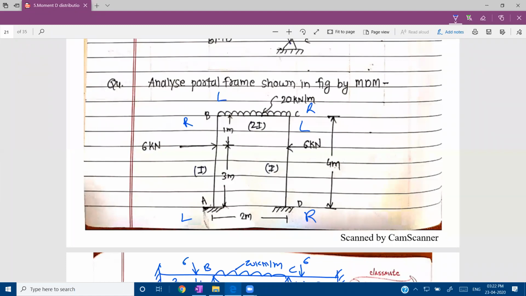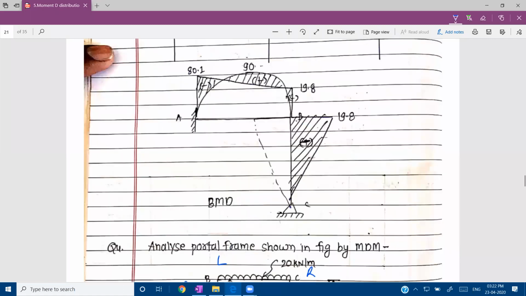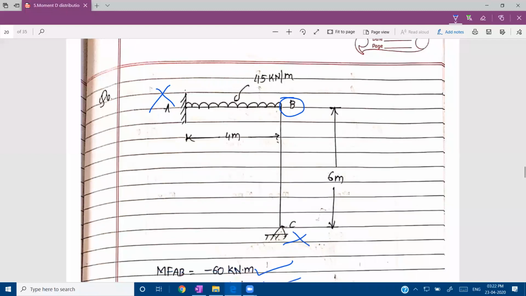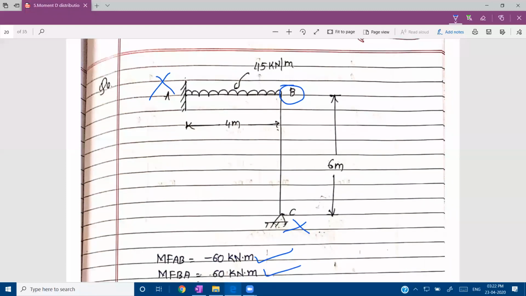That means our flow of problem solving is like this: from left hand side first column to right hand side last column. Unlike in the previous case, if you observe on the left hand side, that portal frame is starting directly from beam. That's why we cannot take bottom support as left support and top support as right support there.